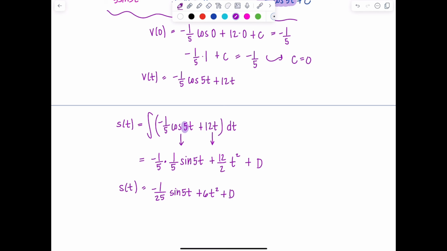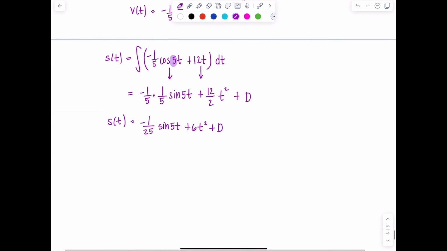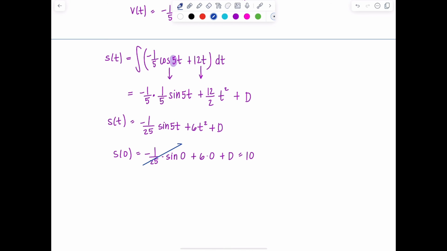Can I solve for d? What did they tell me? s of 0 equals 10. Perfect. So s of 0 is negative 1 over 25 times sine of 0 plus 6 times 0 plus d, and that equals 10. I think everything is 0, right? This is 0, this is 0, so d is 10.